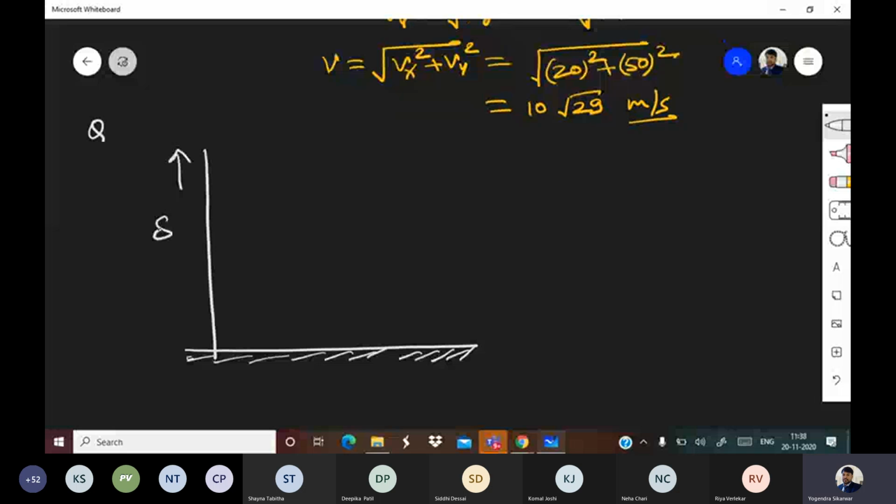This is 80 meters. This is 30 meters per second.